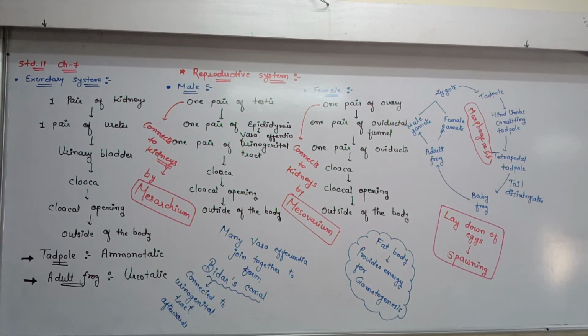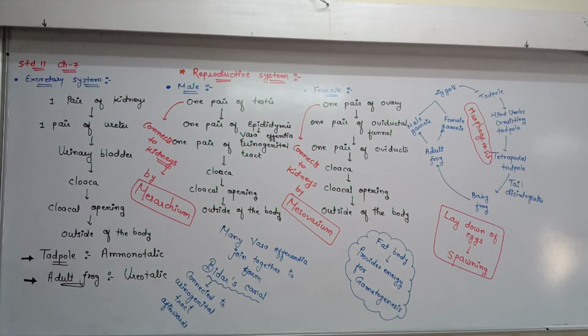So that's why here external fertilization is there and indirect development is there. So here larval stage is there, and from the larval stage tadpole comes, so it does not resemble its parent. That's why here indirect development. Clear?